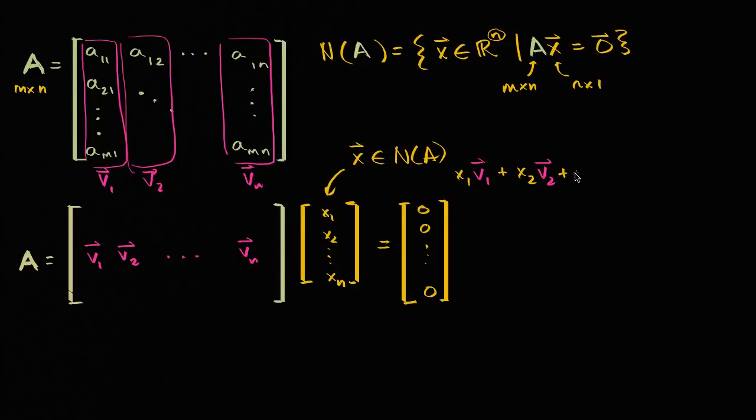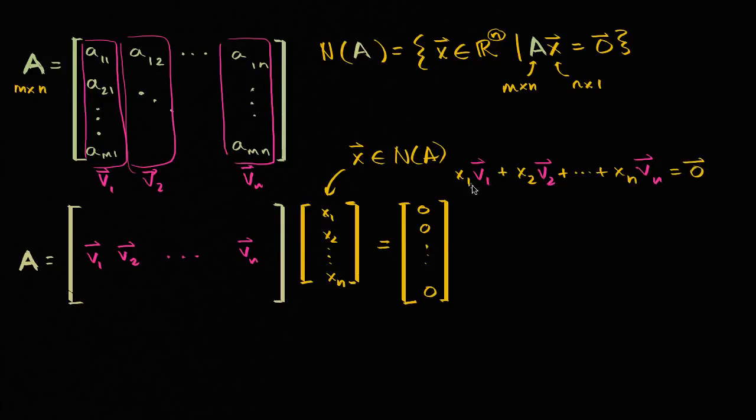So plus x sub n times v sub n. And these all, when you add them together, are going to be equal to the 0 vector.